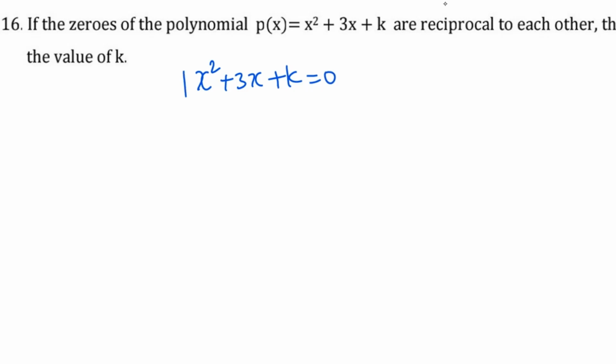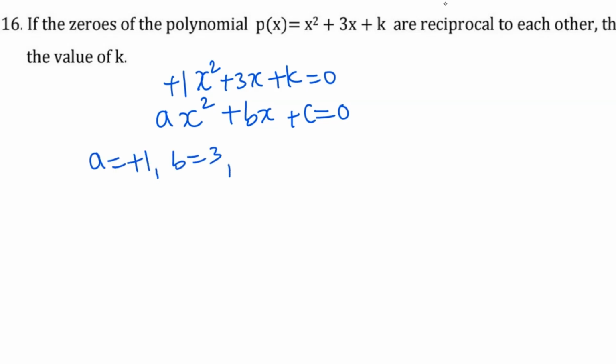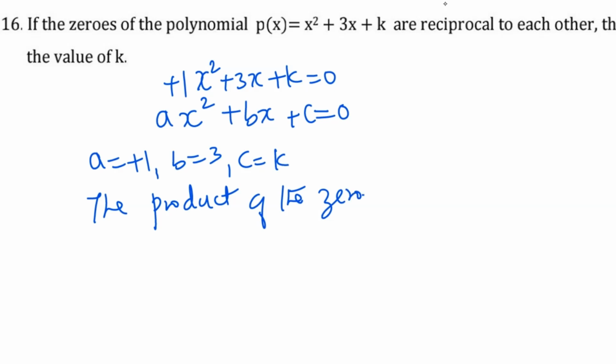Comparing this with the standard form we get a is equal to 1, b is equal to 3, and c is equal to k. Now the product of the zeros equals c by a. c is k divided by a is 1, so it will be k. Call this equation 1.